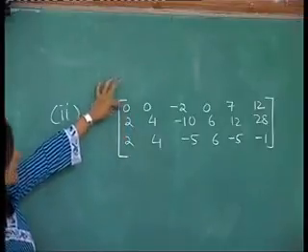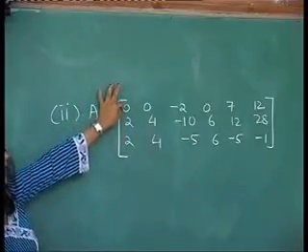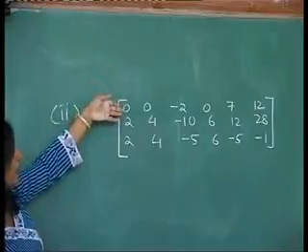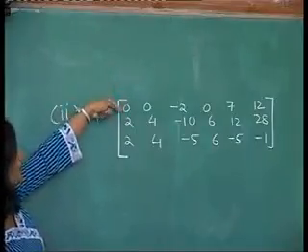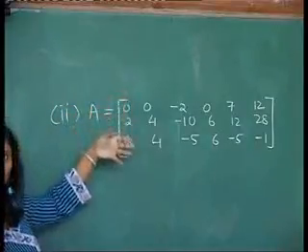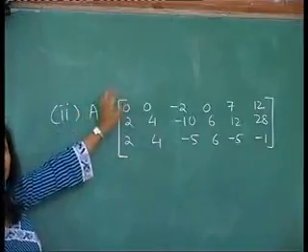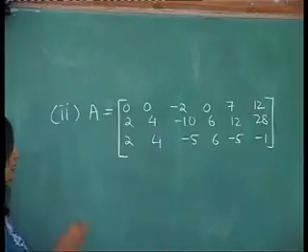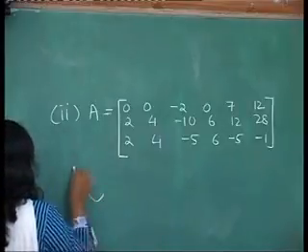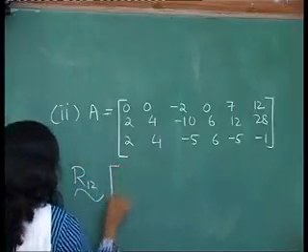However, I have a 0 in this position. I cannot divide by 0. So I have to first interchange with some other row and get a non-zero element in this position, and then I can get a leading one in the first row. So let me interchange the first row with the second row.